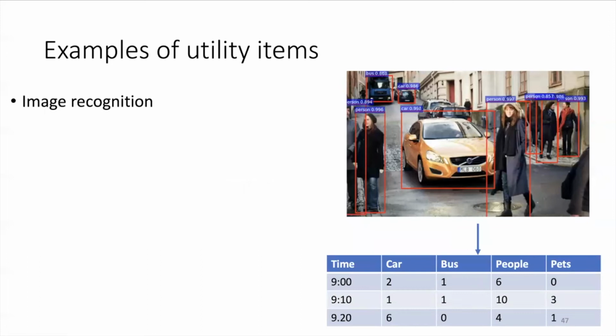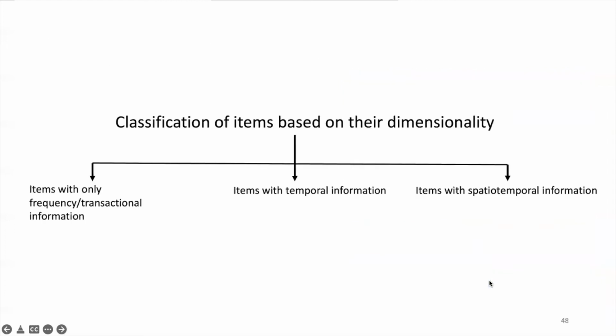A similar example in image recognition also has objects: car, people, bus, and pets. We can say that in the 9 o'clock photo, there are 2 cars that were identified. There is 1 bus, 6 people who have been identified, and there are 0 pets. So this kind of datasets we can produce.